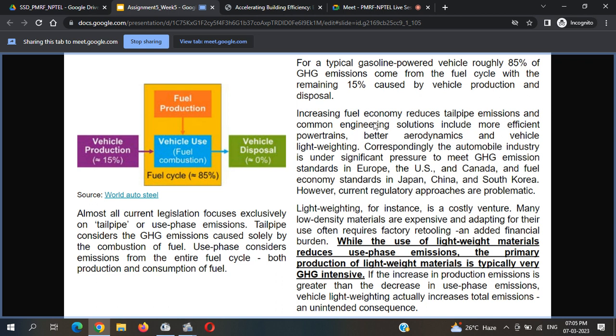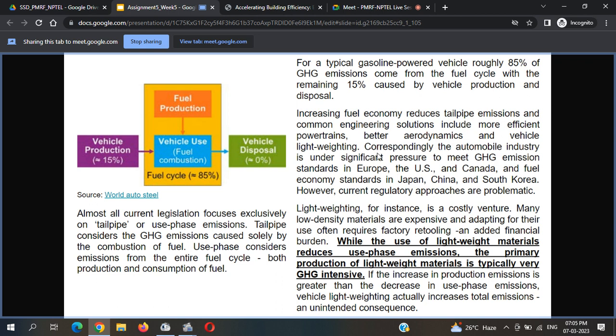So, for example, increasing fuel economy reduces tailpipe emission, but then it forces the company to generate engineering solutions which include more efficient powertrain and better aerodynamics and lightweight cars and lightweight vehicles, so that the fuel use, or the amount of fuel used per vehicle, can be reduced.